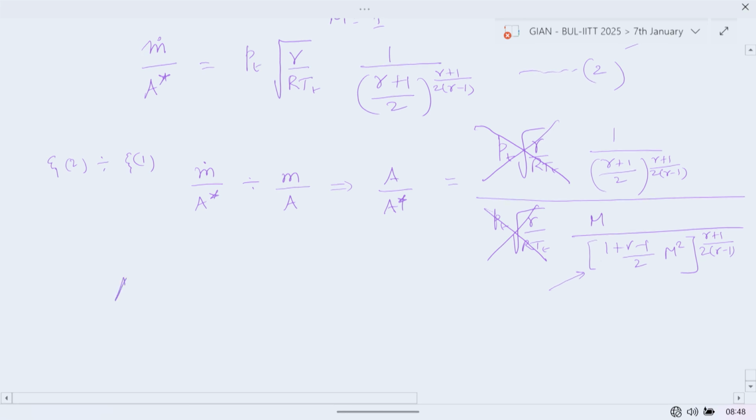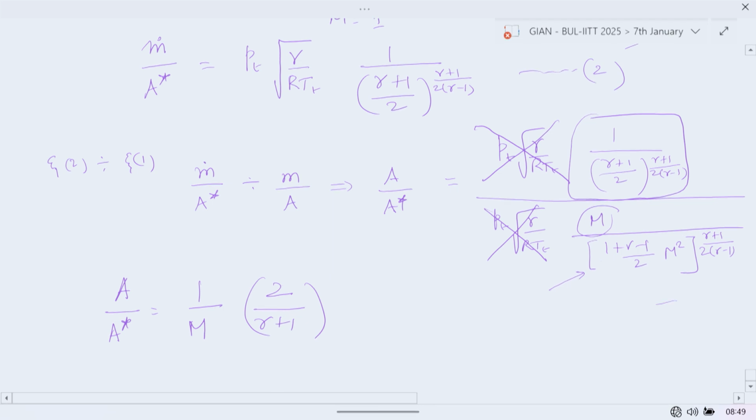So if you just observe what I'm writing here, A by A star is equal to 1 by M. This M, I've written it there. And then this term, I'm writing it as 2 divided by gamma plus 1. There is a power there. I'm not writing the power, I'm just writing only the base term there.